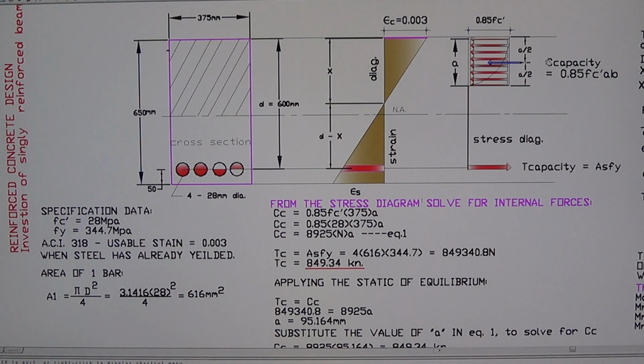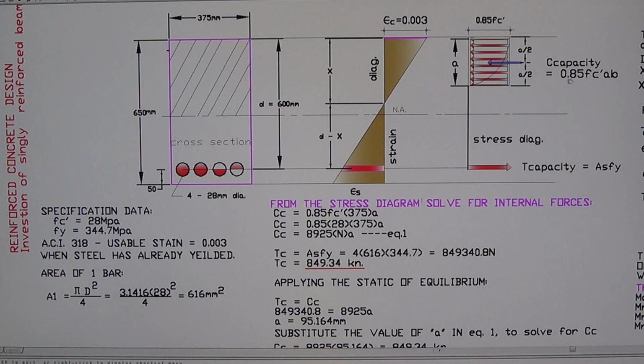So we have the concrete stress and concrete force there, and the tensile stresses right here. This is the strength capacity of the concrete, and the tension capacity of the steel is right here. The tension capacity is calculated as the total area of the steel multiplied by the ultimate strength stress of the steel.